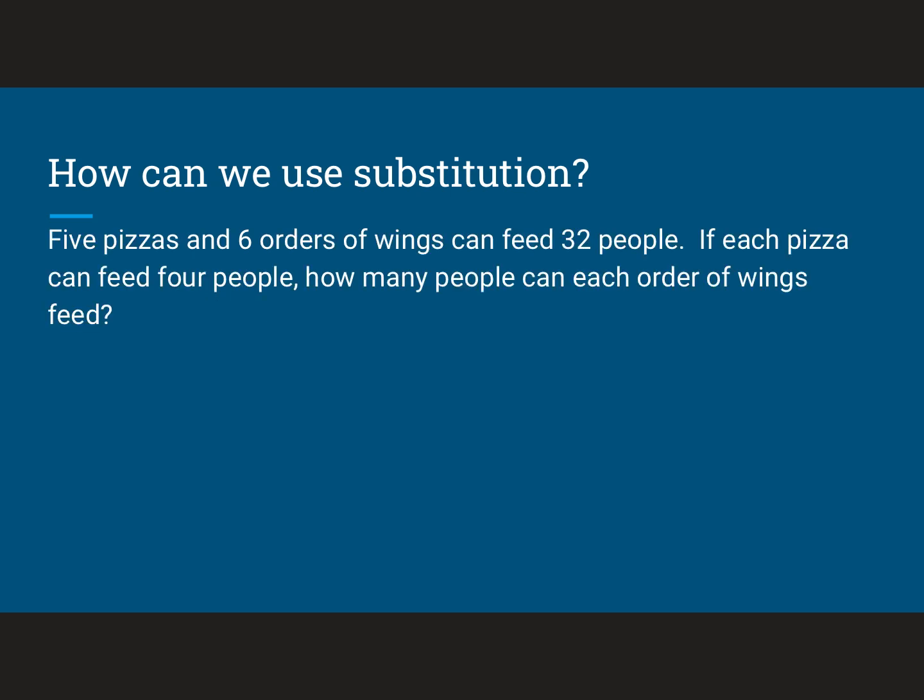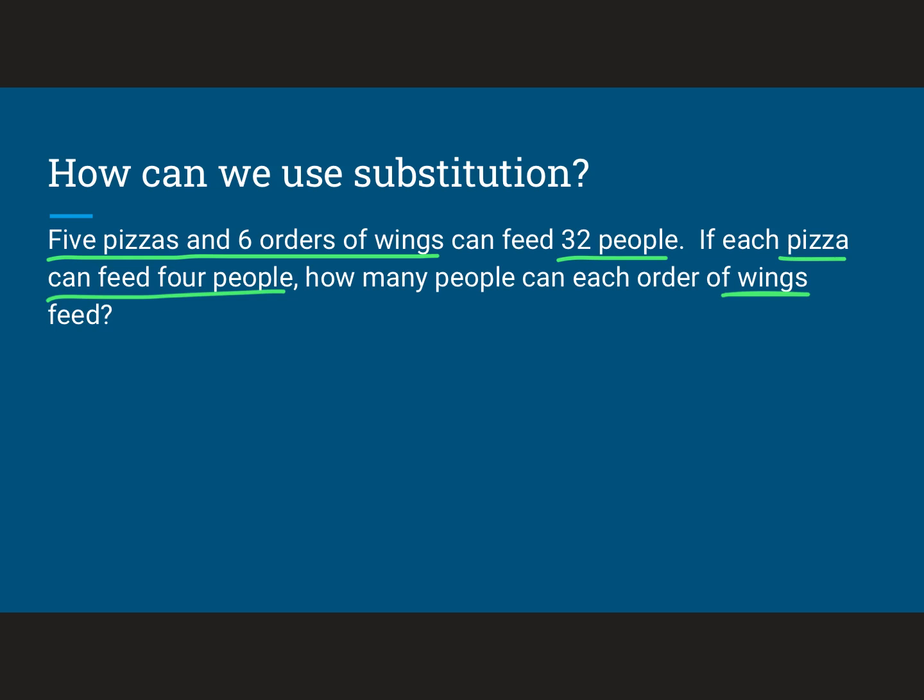Okay, so let's look at this one, which is, of course, a word problem. So here's the information. I have 5 pizzas and 6 orders of wings can feed 32 people. If each pizza can feed 4 people, how many people can each order of wings feed? So the question I'm asked is how many people can each order of wings feed?